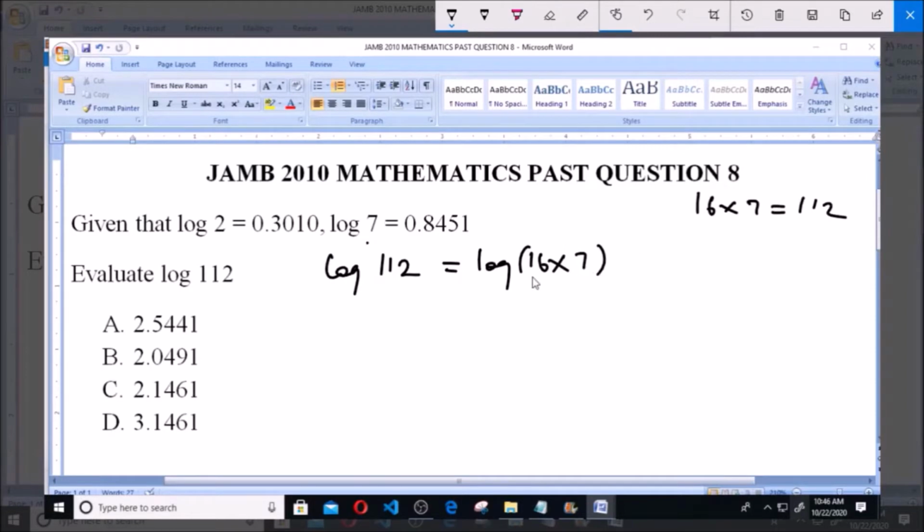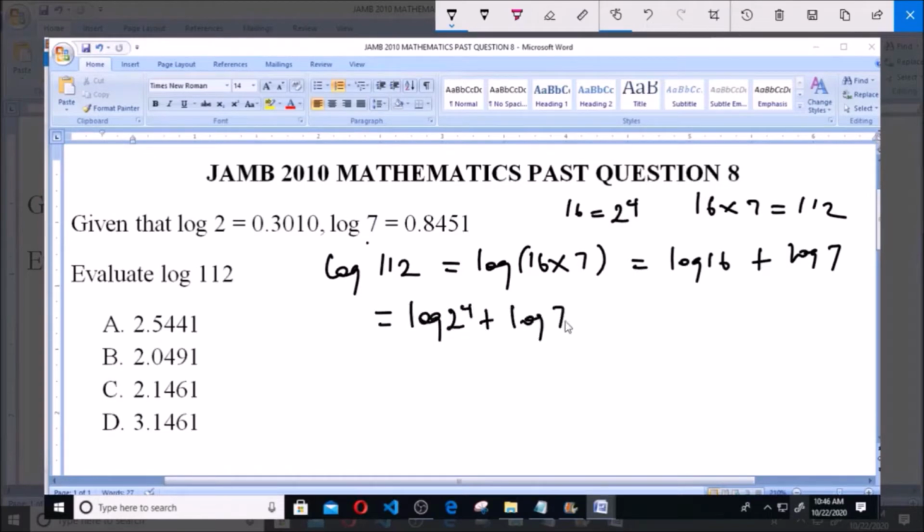Now from logarithm, you can write this as log 16 plus log 7. So this is equal to, now 16 is equal to 2 raised to the power of 4. I can now say log 2 raised to the power of 4 plus log 7, and this is equal to 4 log 2 plus log 7.